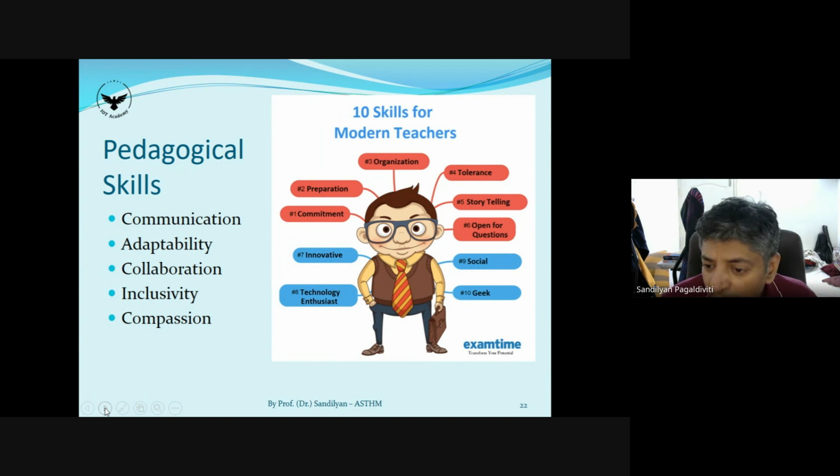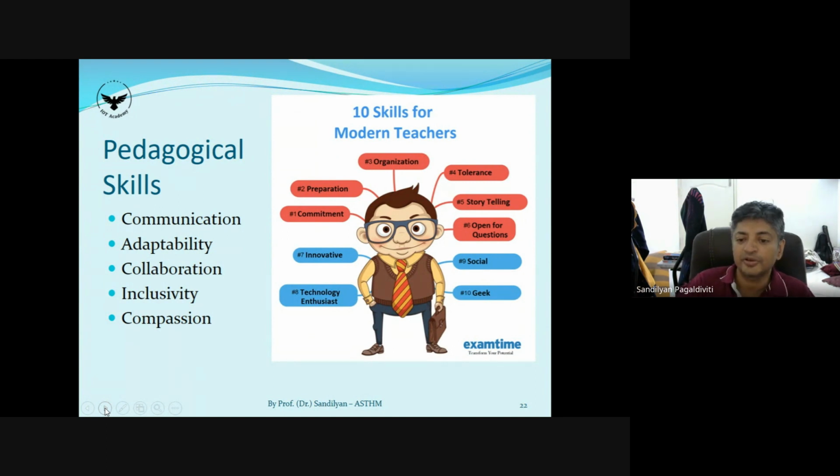They need a lot of commitment, they need passion, they need to have a lot of preparation, they need to be organized, they need to have tolerance, patience, they need to be good storytellers, they should always be open for questions, they must be innovative and creative, they must be able to adapt new technology and be familiar with all the changes that are coming in.